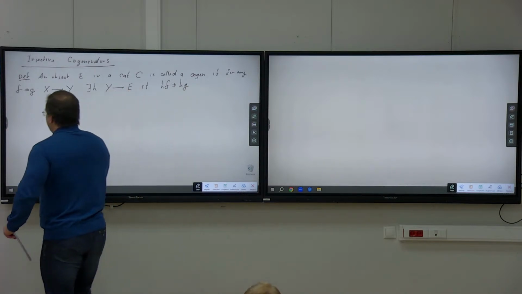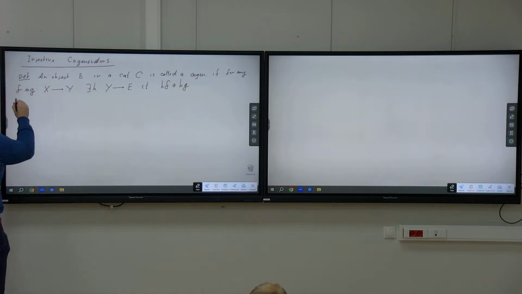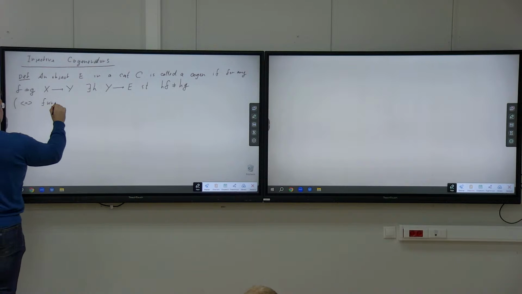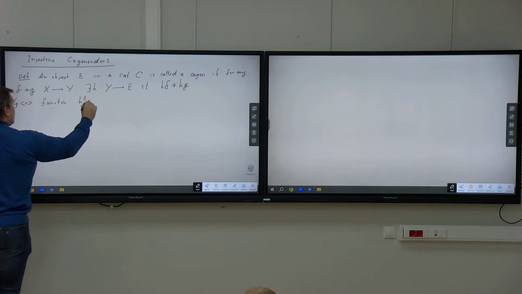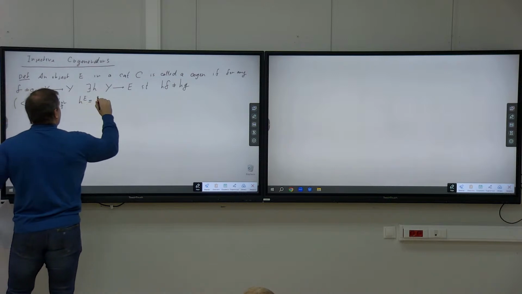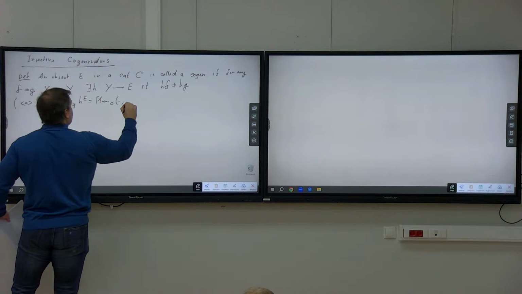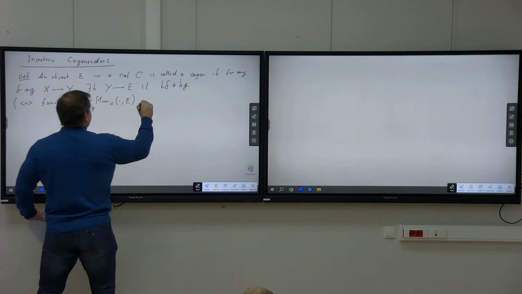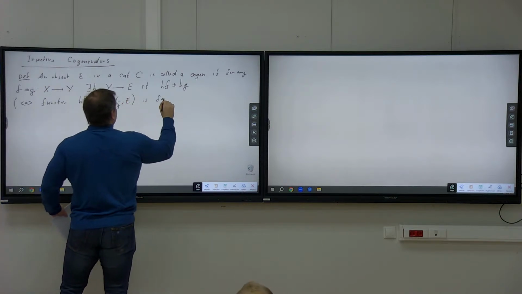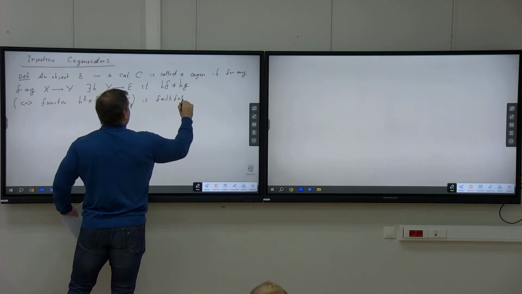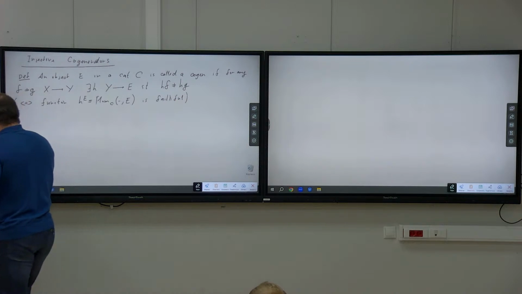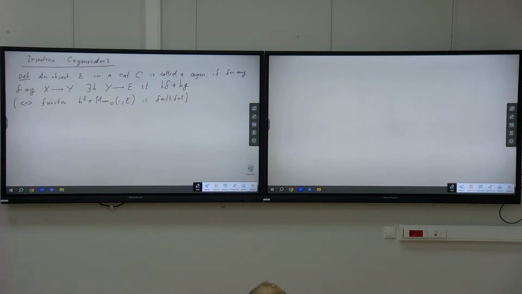Well, currently, we can say that this definition is equivalent to saying that the functor h^E, which is just another notation for Hom in the category C from anything to E, is a faithful functor.